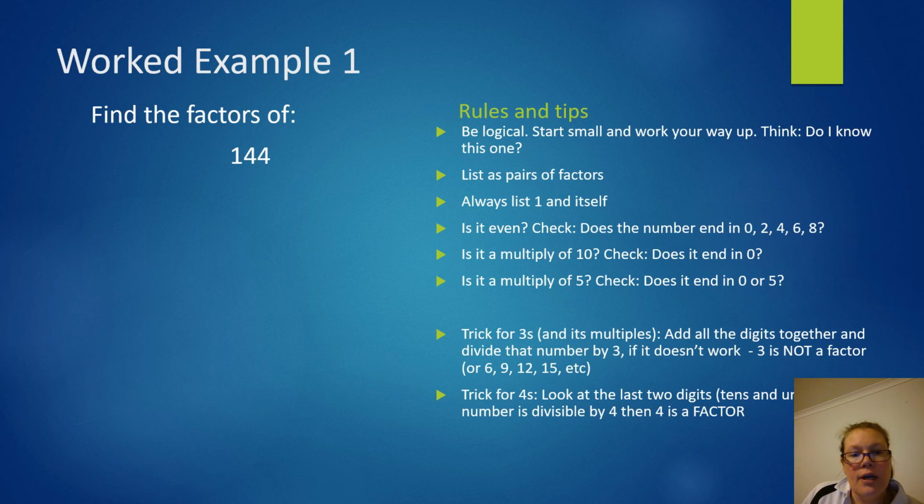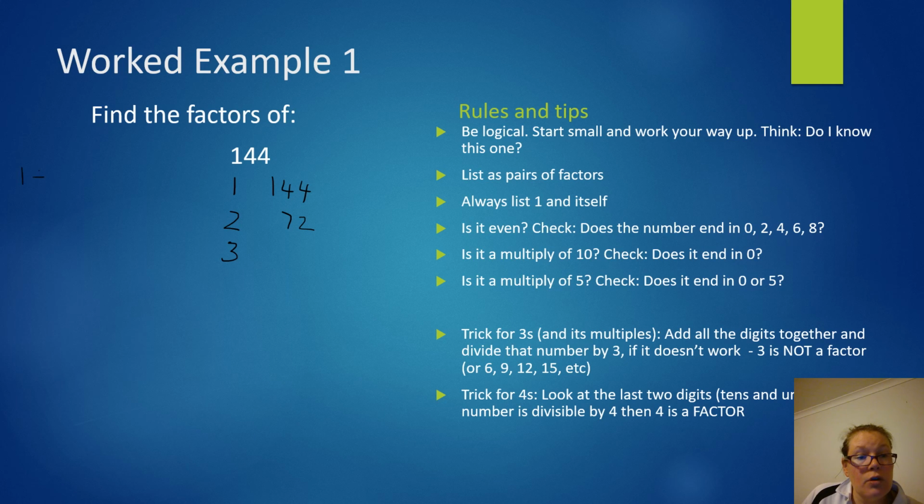Okay, so if we are being logical about this, start small, work our way up, and do you know the number? So I know, obviously, then you're going to have 1 and 144. It is an even number, which means 2 goes into this one 72 times. 3 will go in, because we know this is a 12 times 12, but we can check it using our rule.